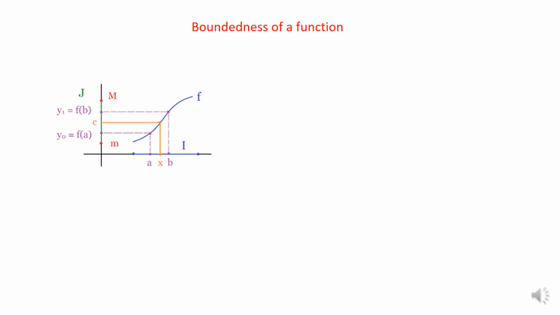Boundedness of a function. Now let's talk about what it means for a function to be bounded on an interval. Let f be a function continuous on the interval from a to b.